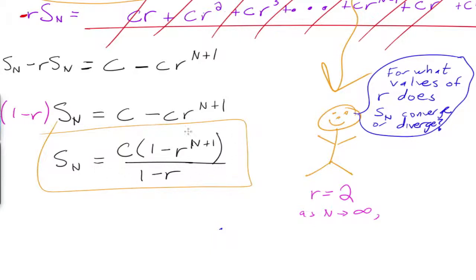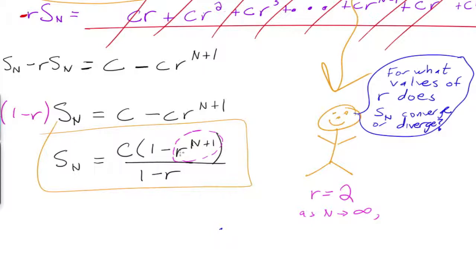Out of all of the stuff that you have going on here in Sn, what's the term that will cause the most trouble? R to the n plus 1, right? Because c is a constant, r is a constant. So this is really the one that you have to take a look at. This is the one that can give you either a lot of trouble or no trouble at all.